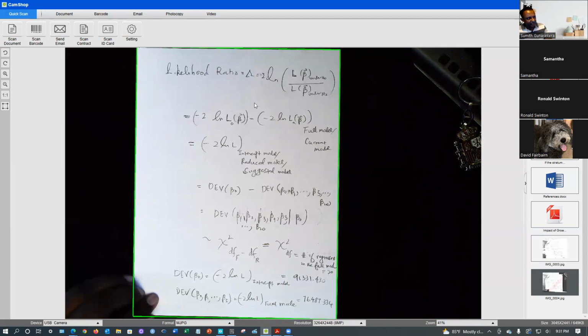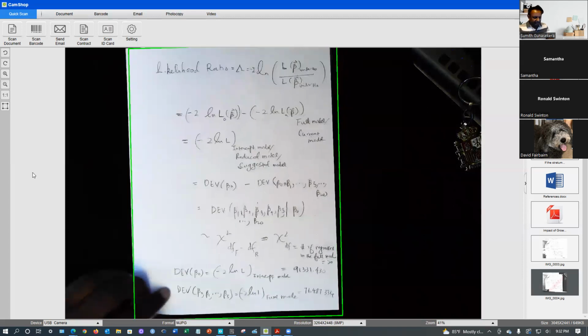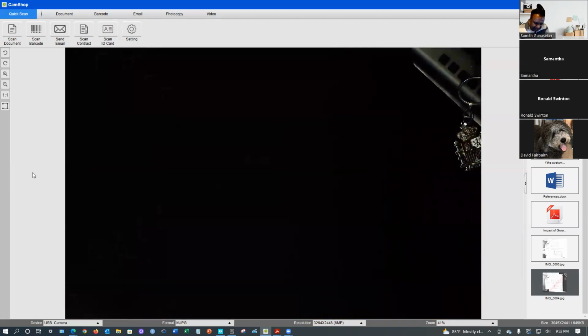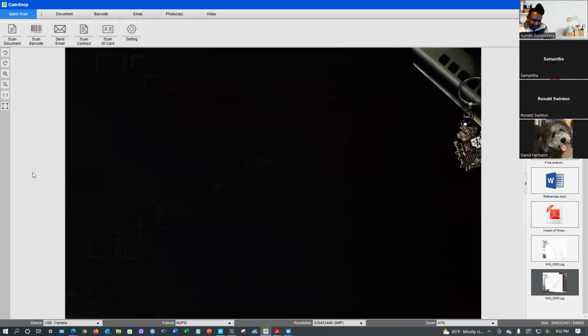Under the log rule, the log of a quotient is the same as the difference between two logs, so you get minus 2 times ln L outside.